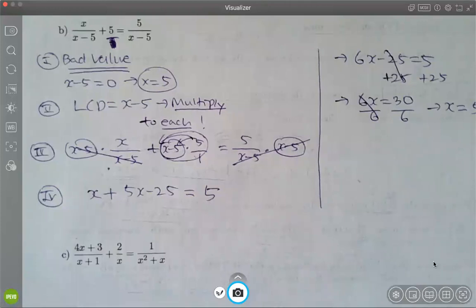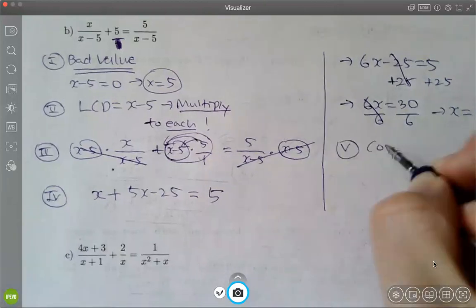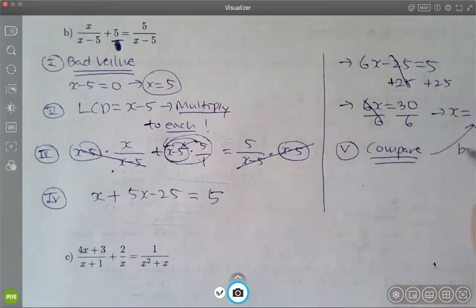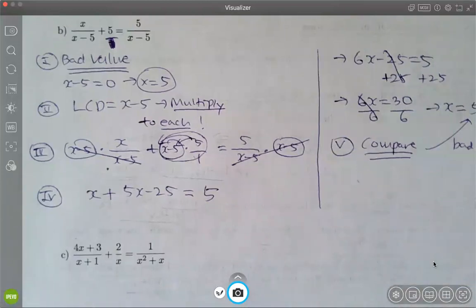Okay, don't forget. So now, compare. That is the bad value. So what does that mean? Whenever you come across any bad values, you have to do what? Cross it out, right? So what's the answer then?